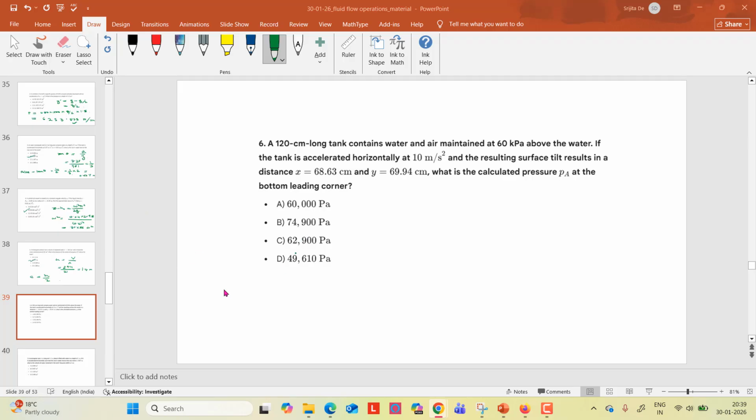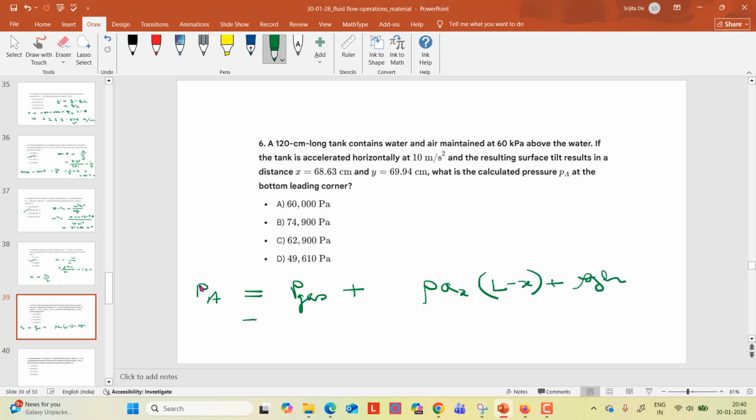So pressure at point A will be pressure at the surface, that is 60 kilopascal, you can see P gas. Next, the displaced portion pressure and the original pressure.